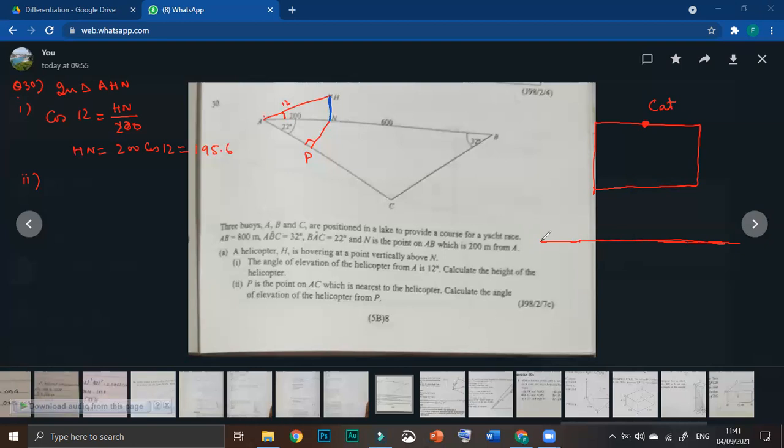At which point will you be nearest to the cat? This one is the wall. The cat is sitting at this point. You are moving on this line. At which point will you be nearest to the cat? Okay, I will give you options. I will draw some points.